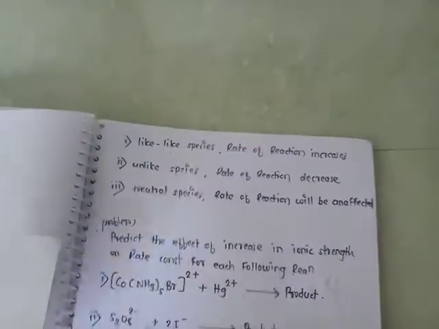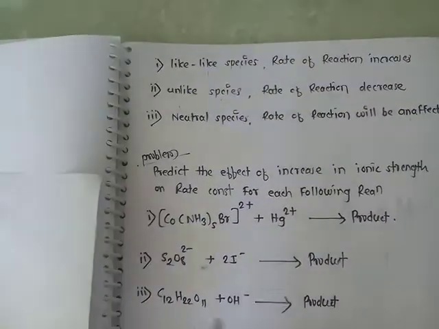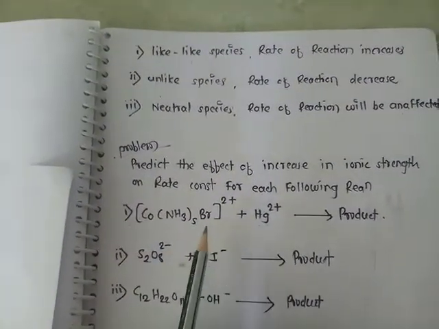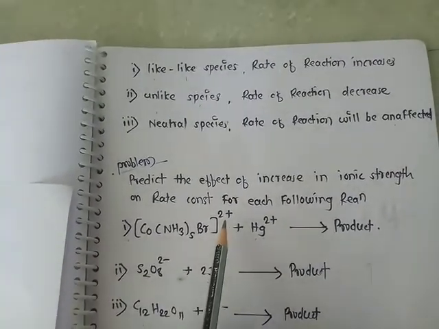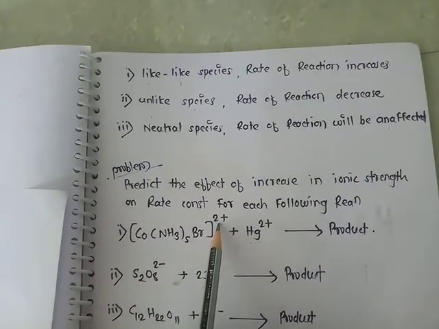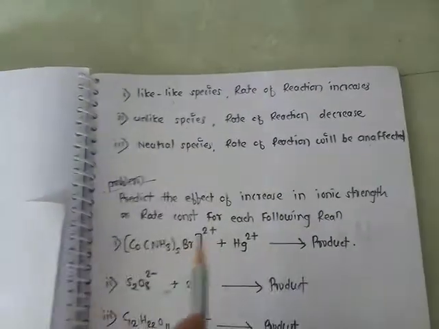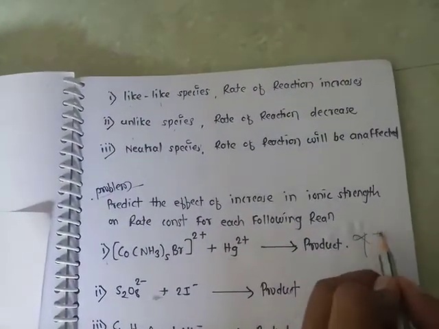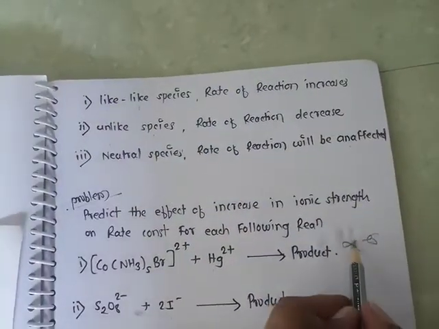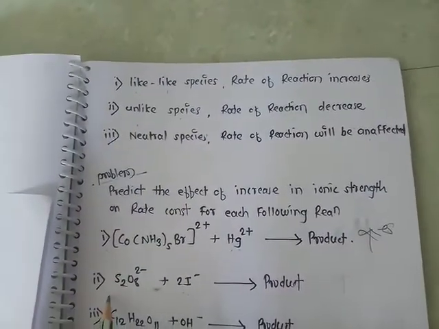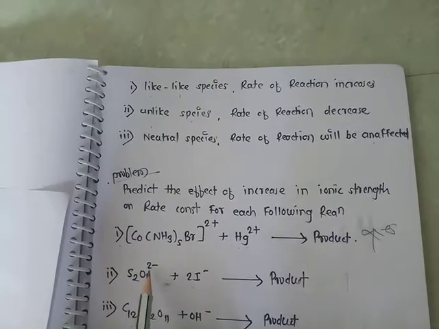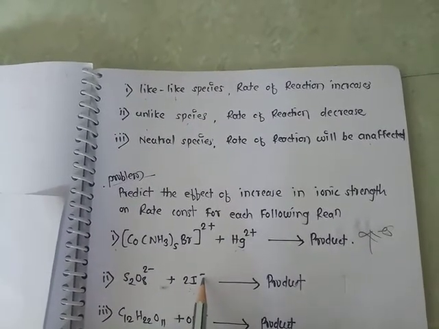Now I am taking an example. In the first reaction, one species is positive, another species is also positive. Both species are positive, so rate of the reaction increases. In second reaction, one species is negative, another species is also negative.